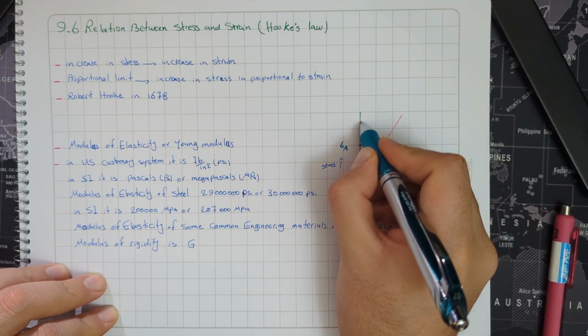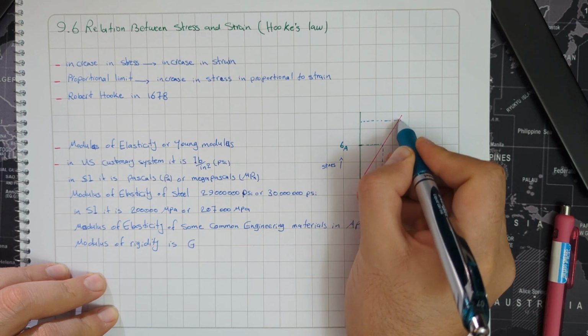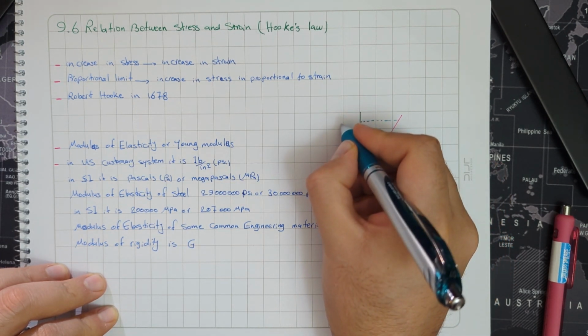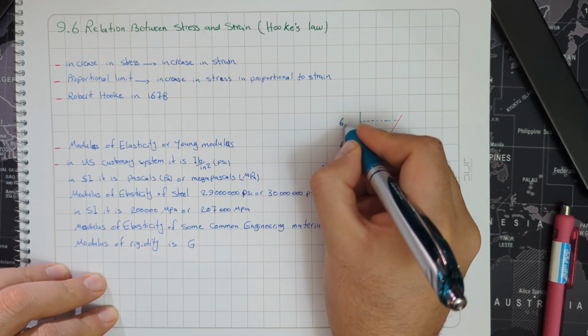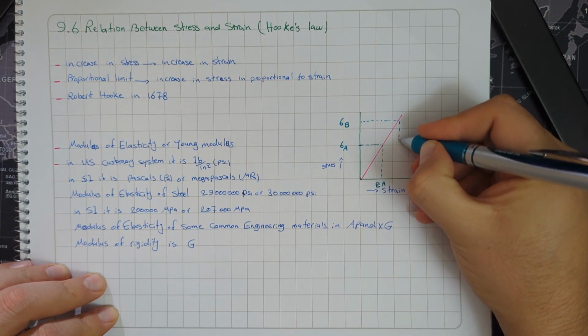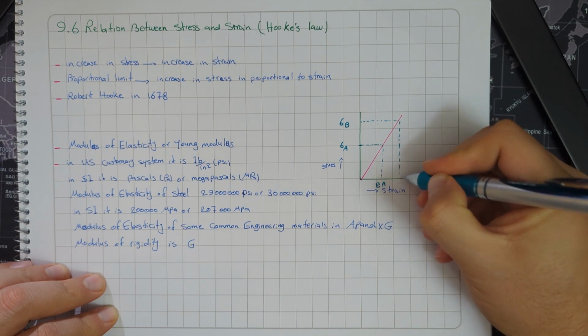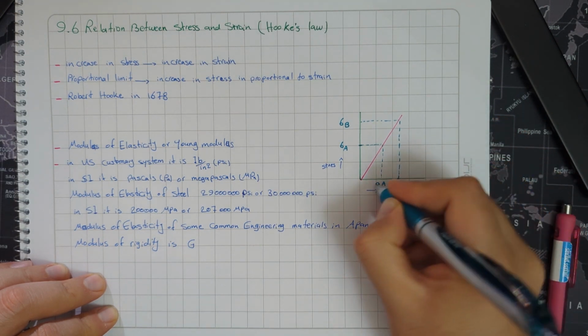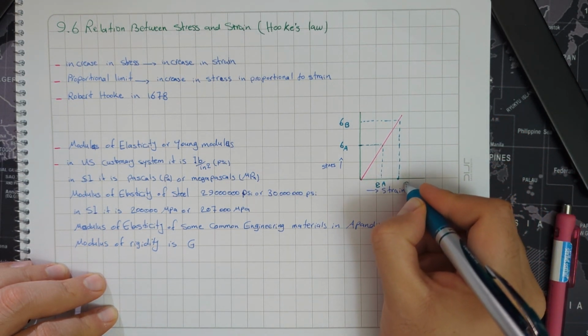And if it causes this much stress, sigma B, it is going to cause this much strain in our material.